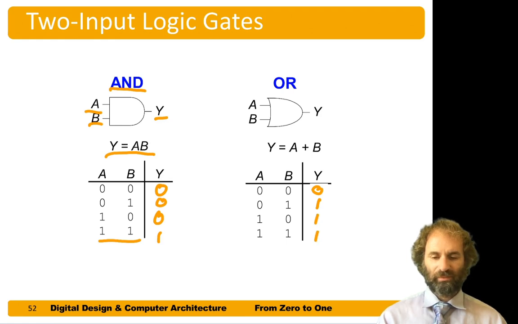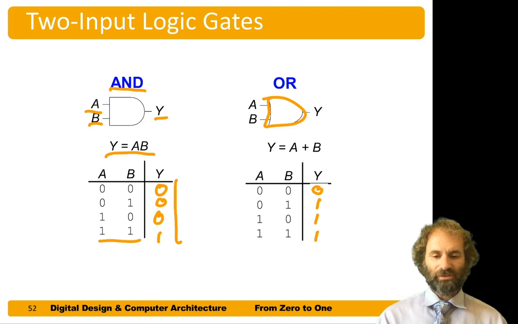The symbol for OR is curved, and the Boolean equation is Y equals A or B. So AND looks like multiplication, and sure enough, the truth table does look like A times B. Or the symbol can be addition, but this is not quite addition because 1 or 1 makes 1.